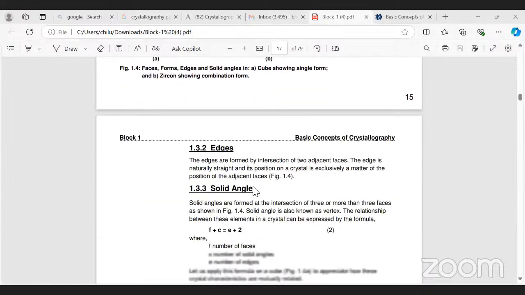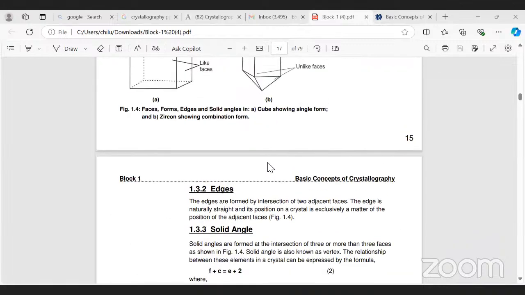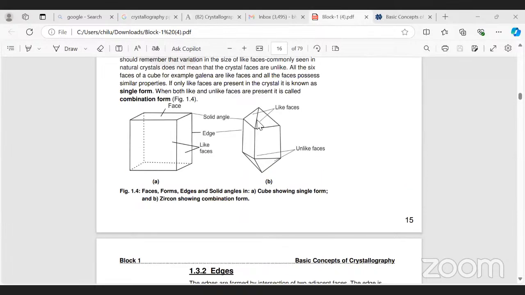This is one thing. And the solid angle: the solid angles are formed by the intersecting of three or more faces. You see, this is one face, and this is one face, and on the outside we can see one face.